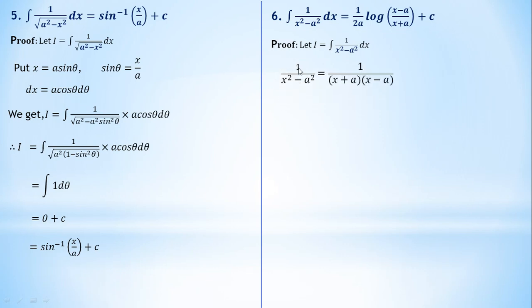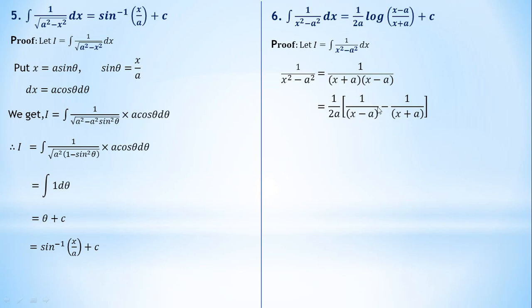All of you know that 1 upon x square minus a square means 1 upon x plus a into x minus a. Now we will adjust the term like this: 1 upon x plus a into x minus a can also be expressed as 1 upon 2a into bracket 1 upon x minus a minus 1 upon x plus a.